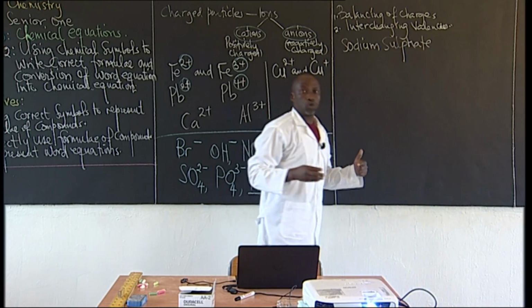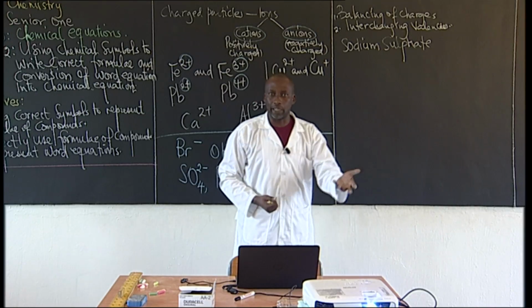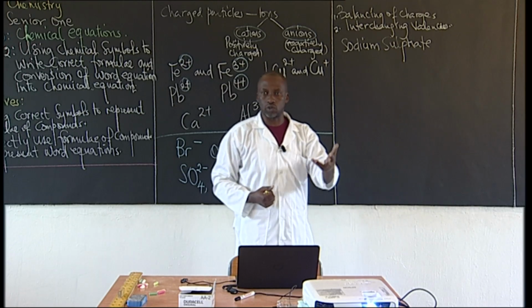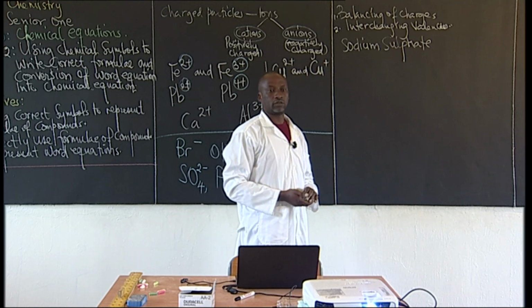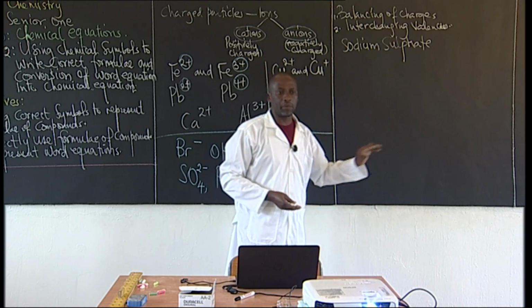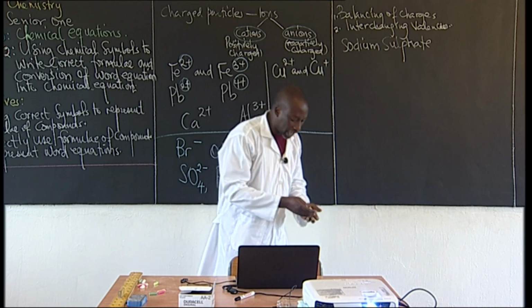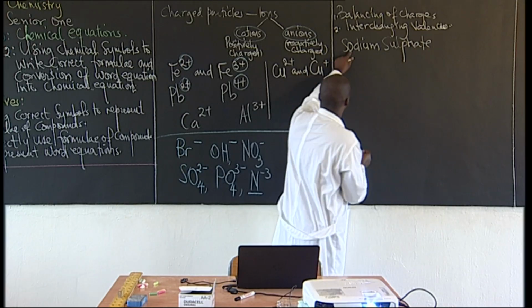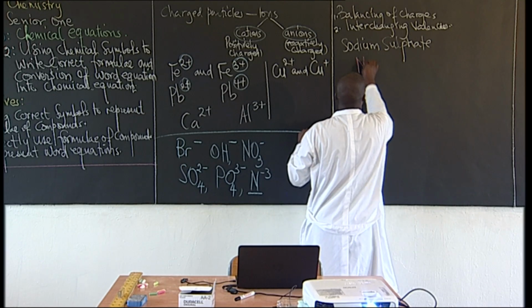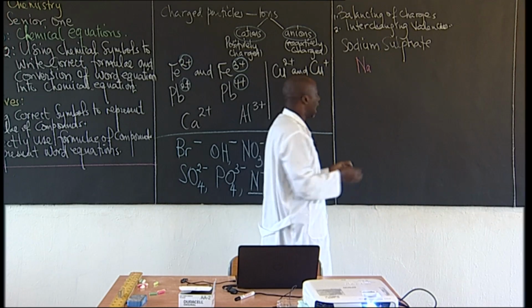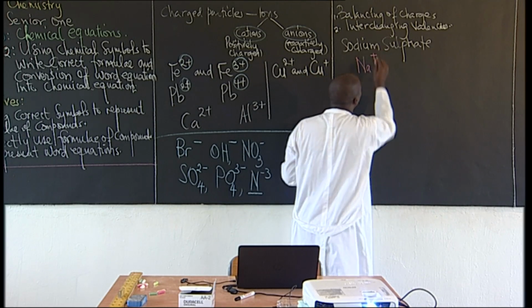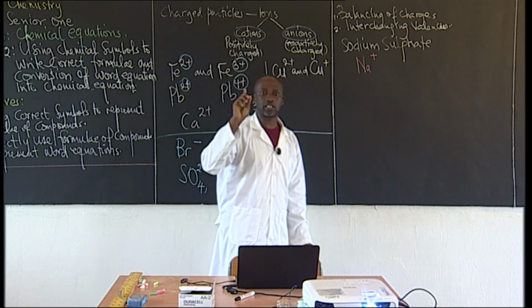So you need to know the elements or the radicals that make these compounds. You need to know the ions that make these compounds. What are the ions present in here? You know the sodium, you need to remember the formula for the sodium. And what is the charge on the sodium? You need to remember that sodium has valency of 1.